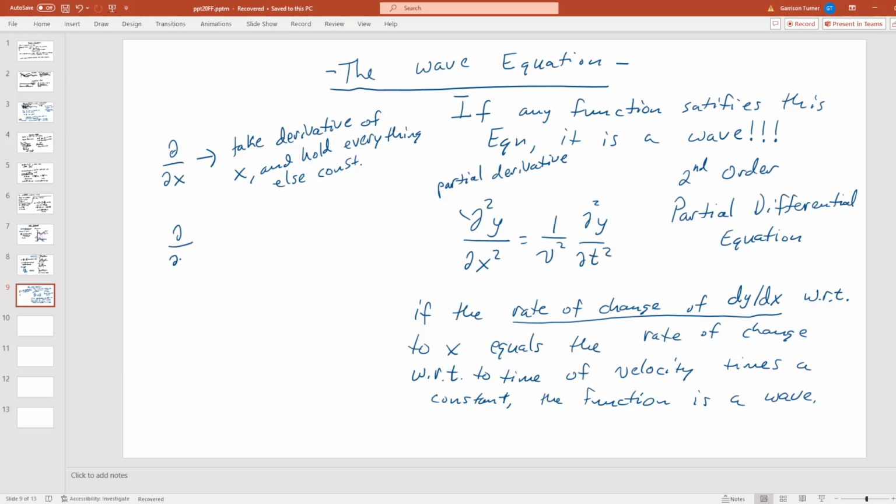And partial t means the same thing. Take the derivative of t and hold everything else constant.